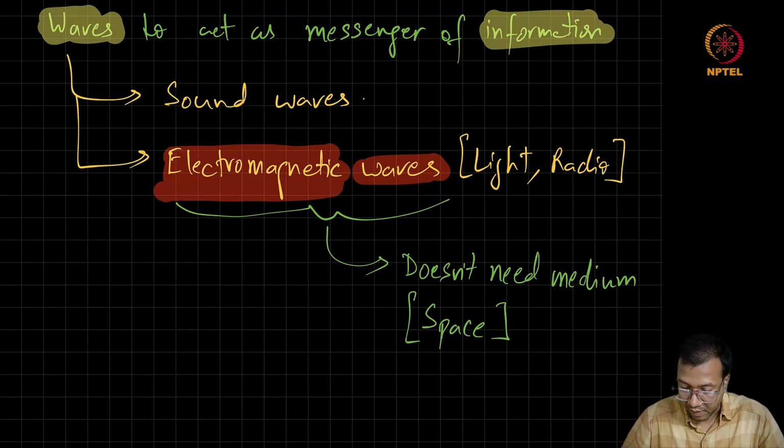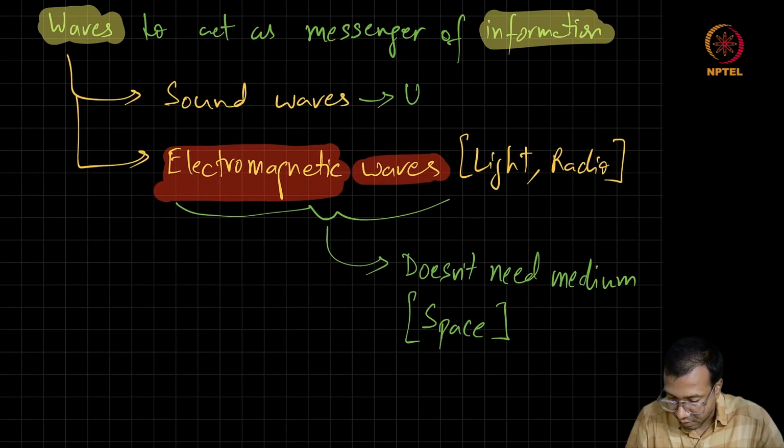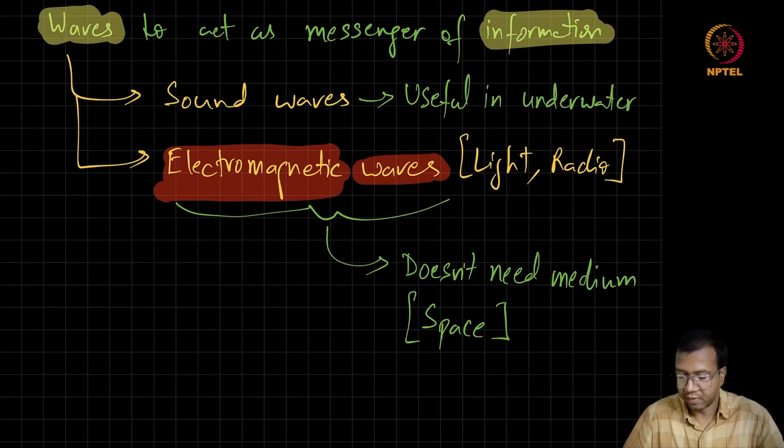Whereas if some applications require wireless systems to operate underwater, sound waves are very useful, mainly because the attenuation of electromagnetic waves is much higher underwater compared to sound waves.